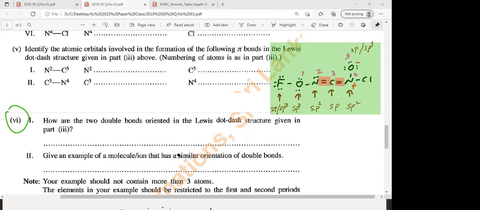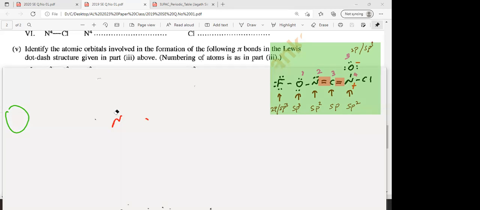Wait, I'll draw it and show you, then you'll understand. And this nitrogen, when it forms a pi bond, its sp2 hybrid orbital is like this. So this is nitrogen, and the sigma bond is linear overlapping. What is this? sp.